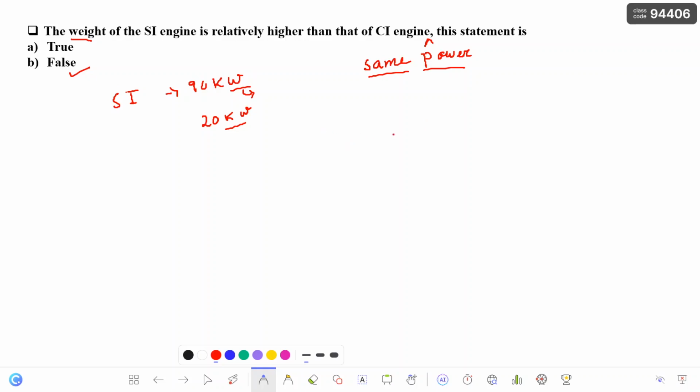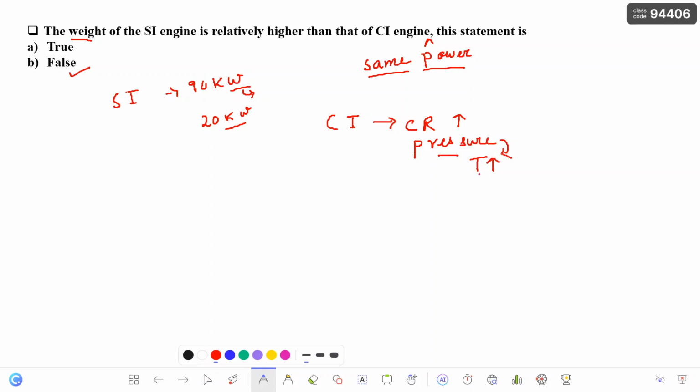Now why is this so? I know many of you might be knowing the answer, I will briefly say. See, in a CI engine the compression ratio is high. That means the pressure that will be achieved will be higher. If the pressure achieved is higher, this will lead to the temperature being higher, so we don't need any spark plug here.